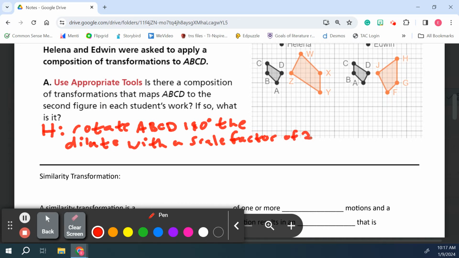Now, if I wanted to write the function for this, remember we go from right to left. So the thing on the right is what we do first. We're talking about a rotation, 180 degrees, let's say about the origin. And then after that a dilation with a scale factor of 2 for A, B, C, D.